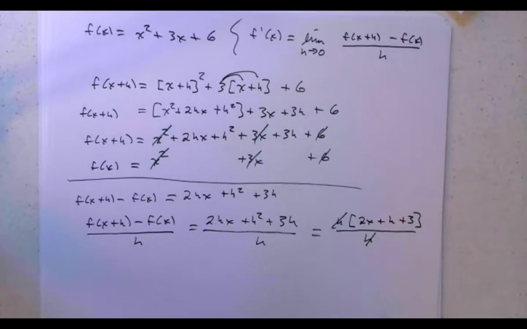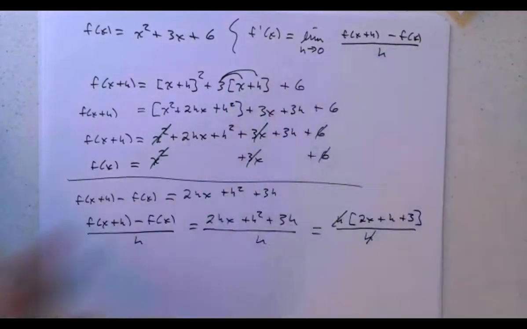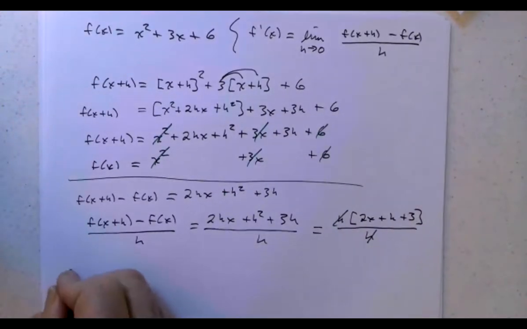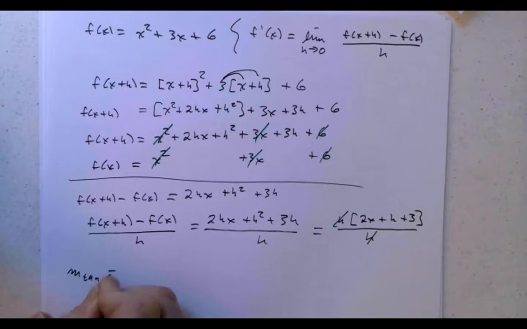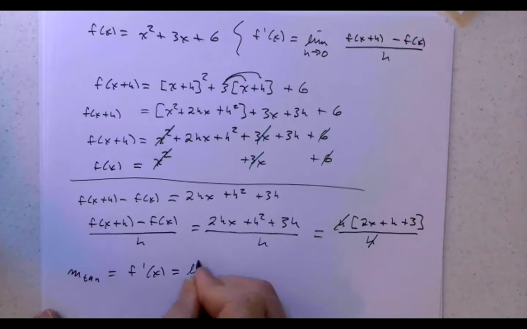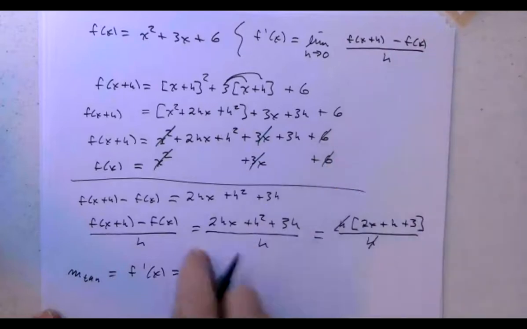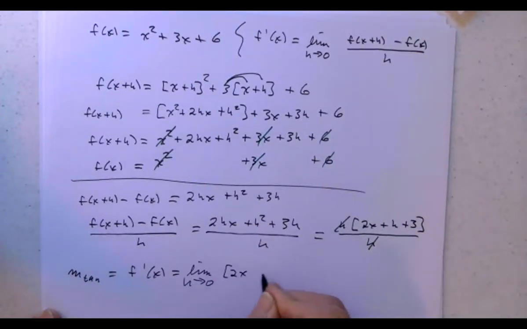And we're almost there. So to finish this off, f prime of x is the limit of all that. Remember, that's the slope of the tangent. The slope of the tangent at every point x is called f prime of x, which is the limit as h goes to 0 of f of x plus h minus f of x over h, which we've just done, and the result is 2x plus h plus 3.